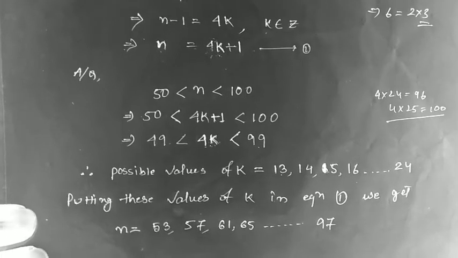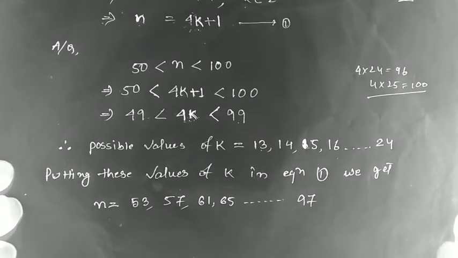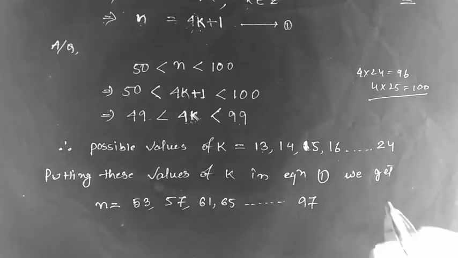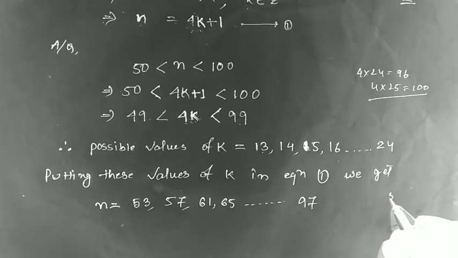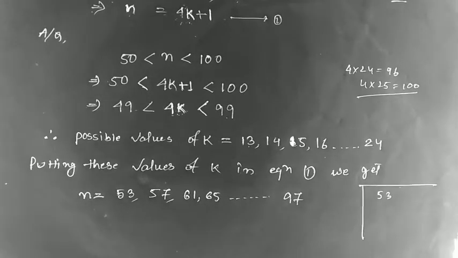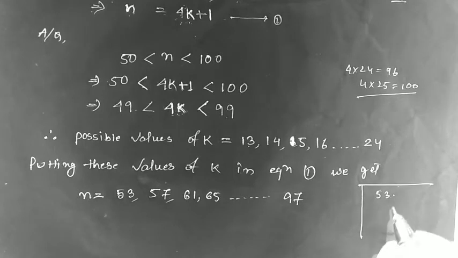Now see, you can prove it. 1 modulo 4 means what? When 1 is subtracted, the result should be divisible by 4. I am just checking here for your better understanding. For 53, if we subtract 1, then 52 remains, so 52 is divisible by 4.